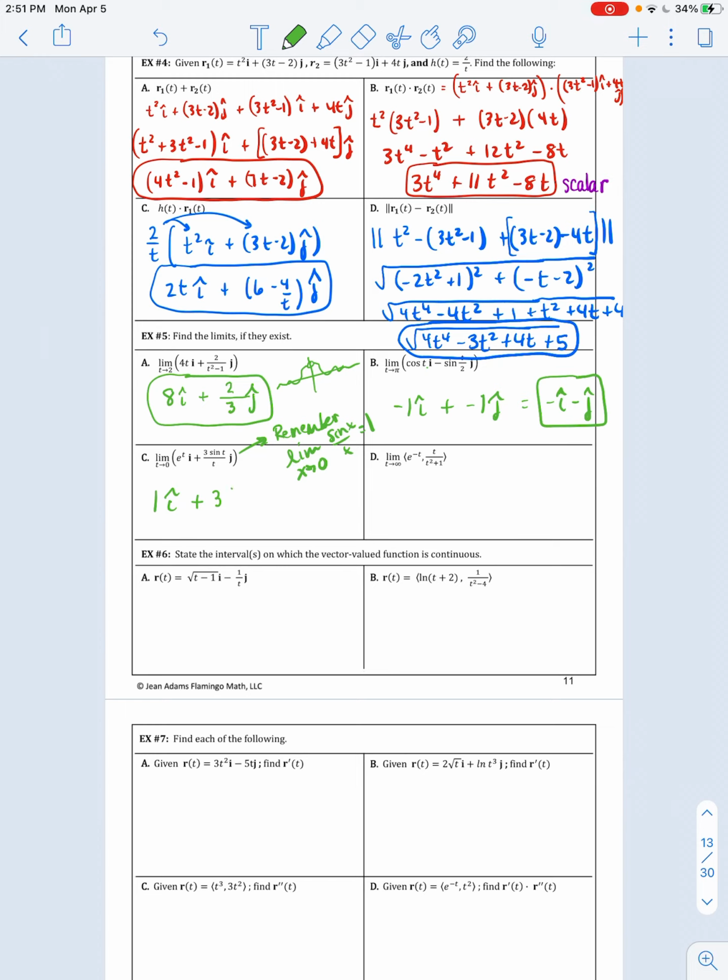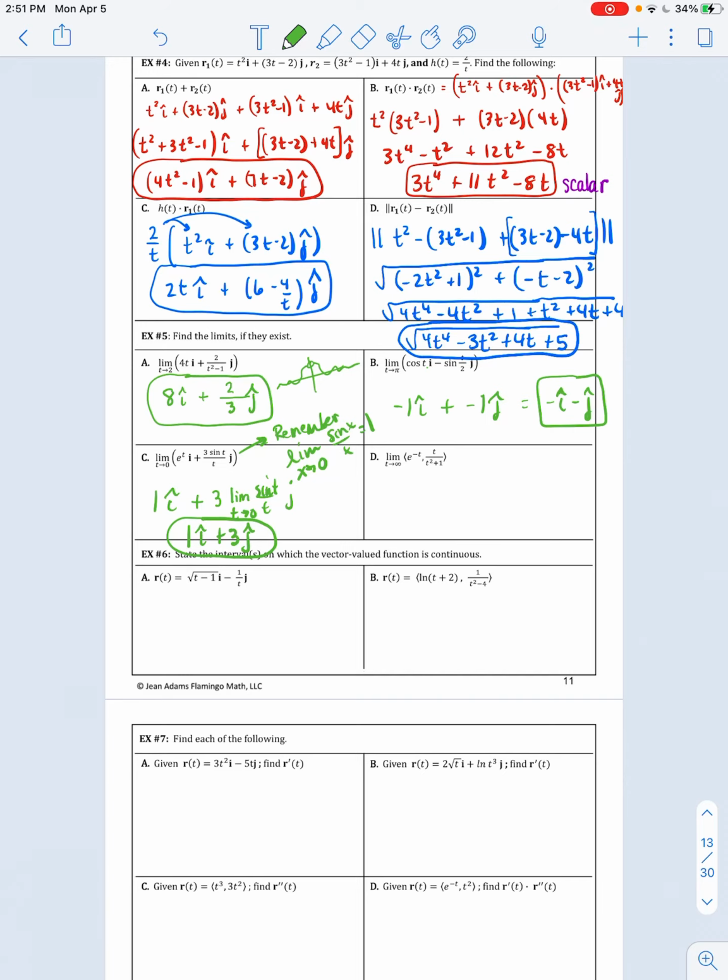You're looking at 3 times the limit as t approaches 0 of sine t over t, and then times j. And since this is 1, this ends up being 1i plus 3 times 1, 3j. Sorry about that.